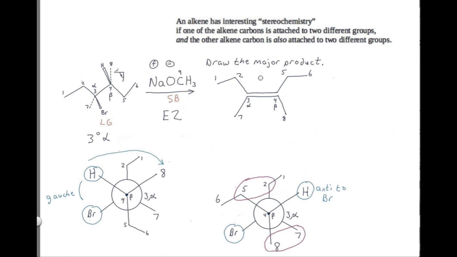So this alkene product does meet this qualification that we've learned for interesting stereochemistry. And you can see that the stereochemistry of this product is important because if you swapped the positions of carbon 2 and carbon 7, you would get a different product. If you moved this ethyl group down to this position and this methyl group up to this position, you would get a different product with different stereochemistry.